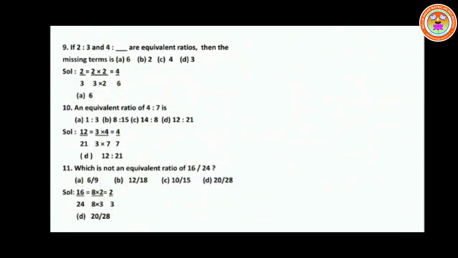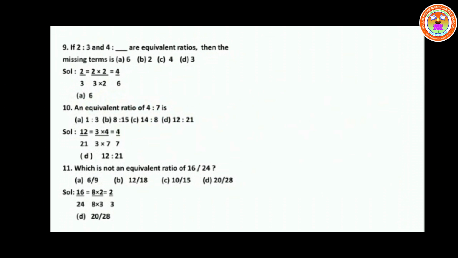So if you multiply the 2 by 2, you will get 4. 2 2s are 4. So the numerator is multiplied by 2, which means the denominator should also be multiplied by the same 2. So what do you have in the denominator? 3. So 3 into 2, what will you get? 6. So your missing number is 6. In which option is it present, children? In option A. So your answer is option A, 6.